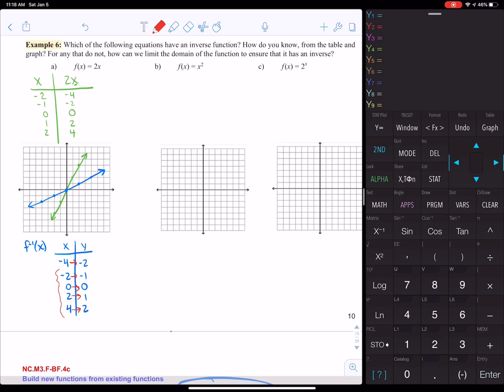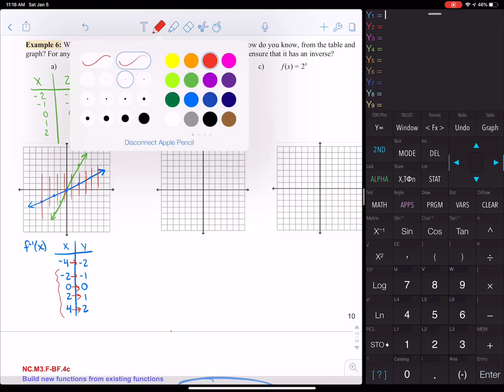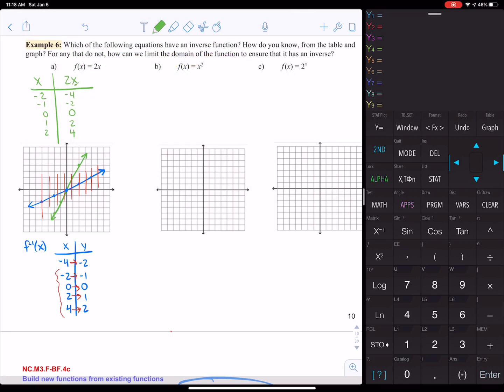On the graph, we can tell that they pass the vertical line test. The inverse is in blue, and that certainly passes our vertical line test. So we can tell two different ways, and we don't have to limit the domain to ensure that it has an inverse.